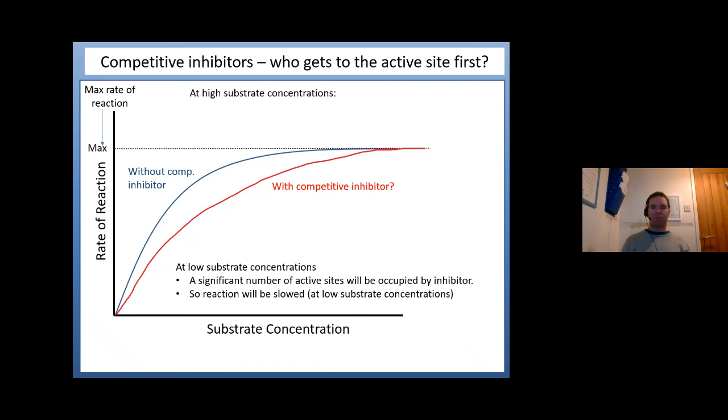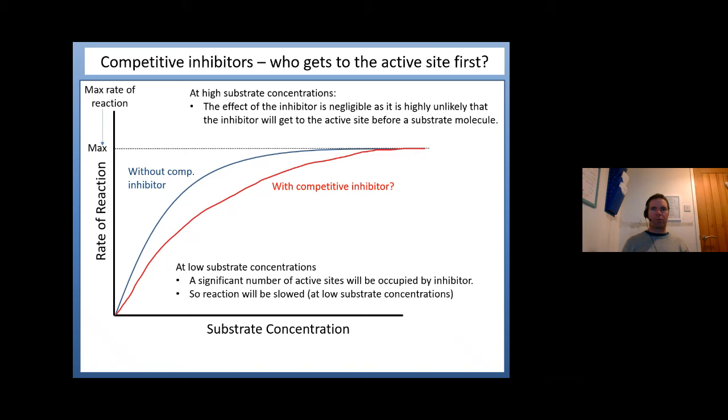But at high substrate concentrations, there's going to be so much substrate present that the inhibitor has so little chance of getting to the active site first that the effect of the inhibitor is negligible. It doesn't really have an effect anymore. So at very high substrate concentrations with a competitive inhibitor, the rate of the reaction is unaffected.